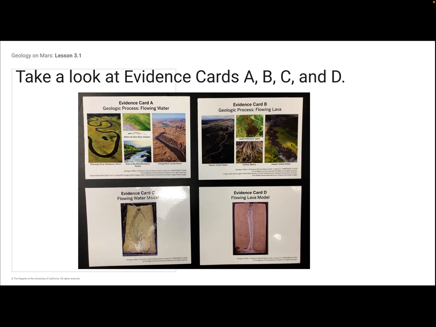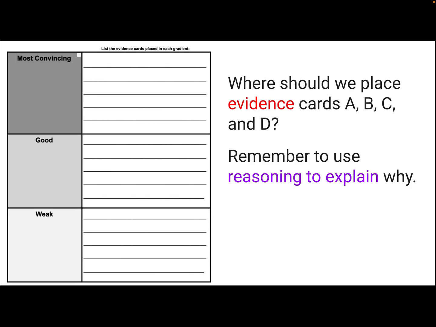Then evidence cards C and D came from chapter 2, and we were using models to see if maybe water or lava could have formed the channel on Mars. What we're going to do with those cards, in class, the kids literally took the cards and arranged them on their evidence gradient. And I'm just going to talk to you about where I would have put mine, or where maybe I would like you to put yours, and why we did that, okay?